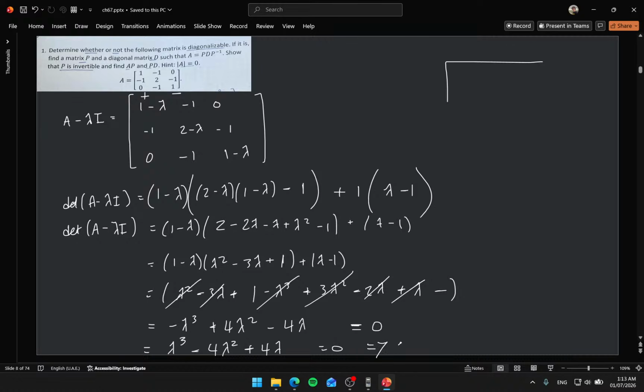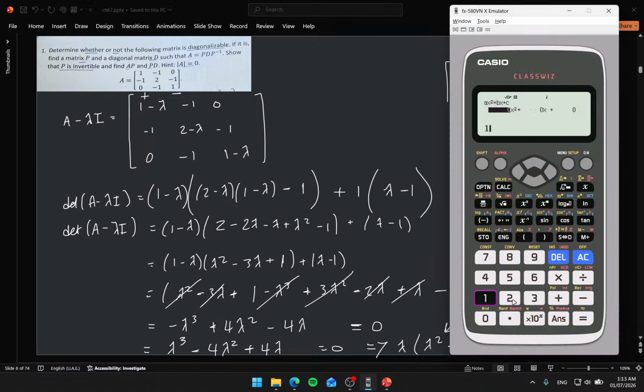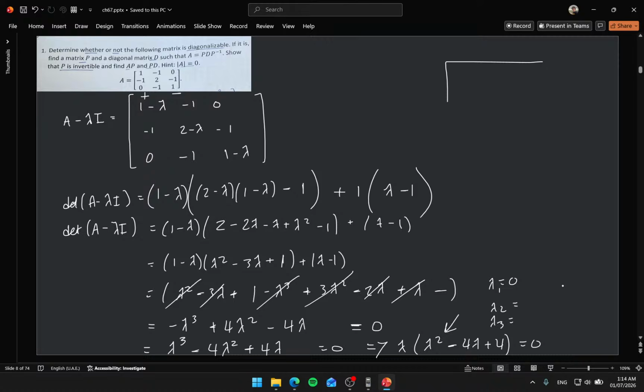This one I can factor out lambda and get lambda squared minus 4 lambda plus 4 equals 0. So that's lambda equals 0, already done. That's lambda 1. Lambda 2 and lambda 3 will be from this quadratic equation. So 1, negative 4, 4, that's 2. So the 2 is repeated. You see, only 2 appeared here. I'm sure it's the 2 that's been repeated. So these are the eigenvalues. That's one tiny bit of information we got for this question. We continue.